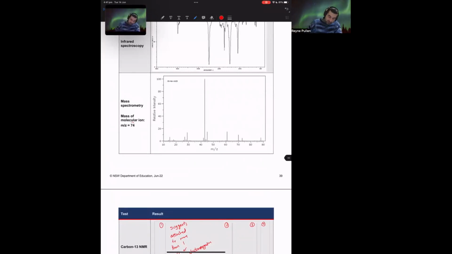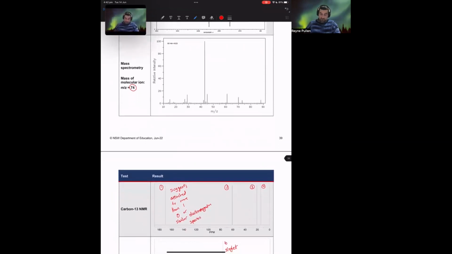Now it's telling us that we have a molecular ion mass of 74, mass to charge ratio. Now that 74 is great. It can really narrow things down for us. So let's take the most simplified approach. Let's assume that there are only 4 carbons present, 4 different carbon environments.